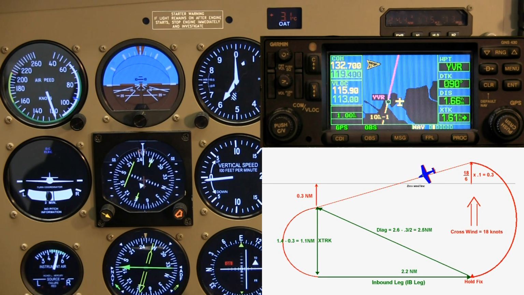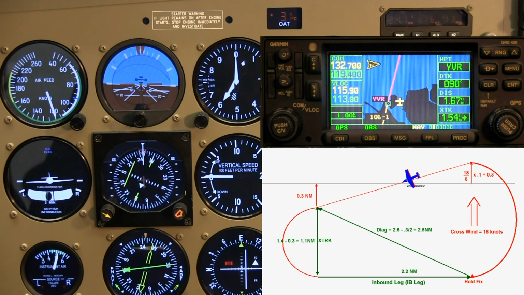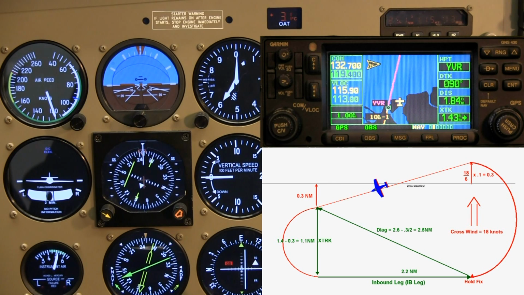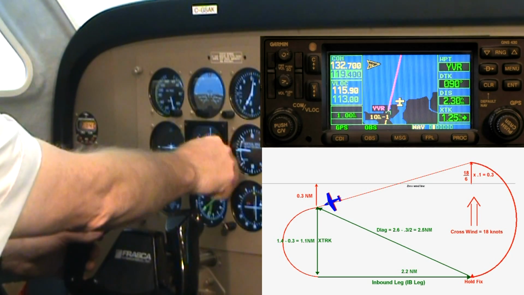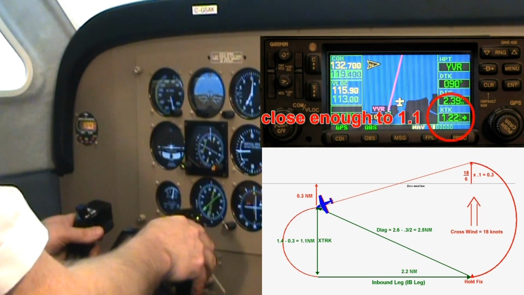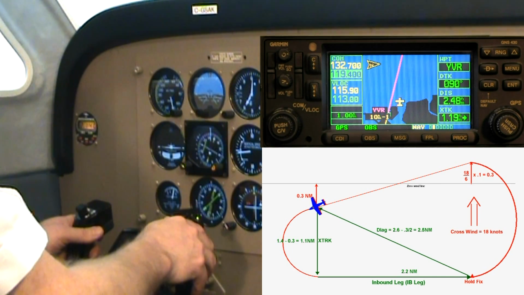Now we simply fly until the diagonal distance is 2.5 and the cross track should be 1.1. There's 2.5 and we turn inbound.